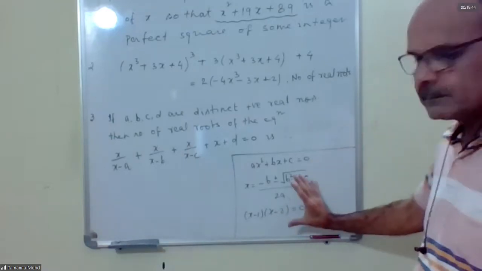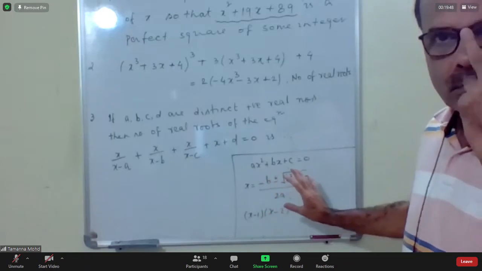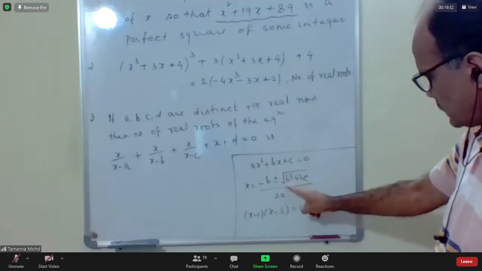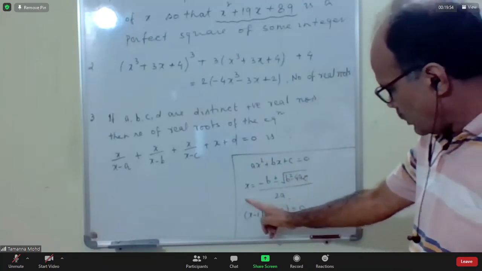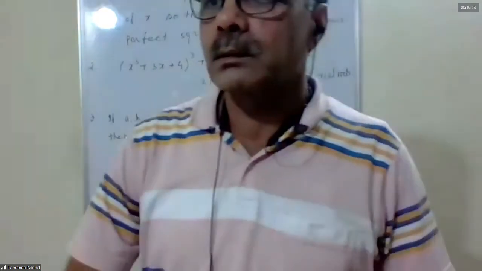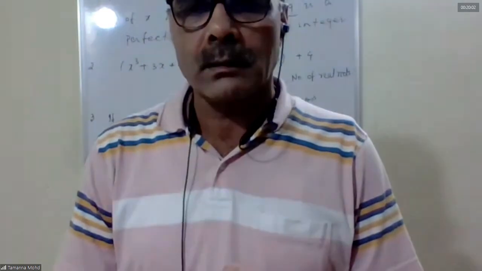Shall I tell? The roots of these quadratic equations are given by this, this is D. Now, generally we say the complex roots exist in conjugate pairs. It's a true statement.